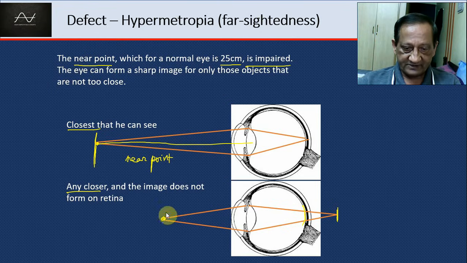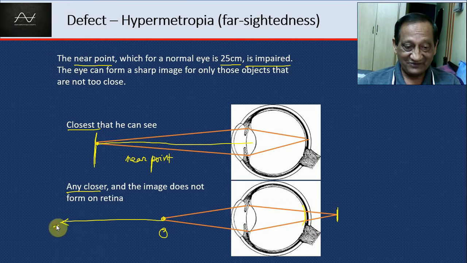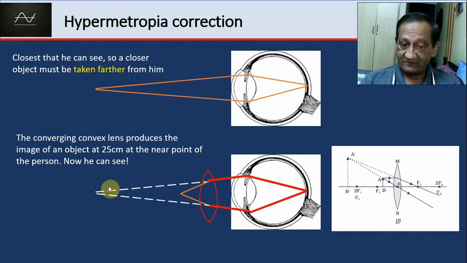If the object is here, we need to drive the object farther, not physically, but create an image farther somewhere beyond this, either here or in this region, because he doesn't have a problem with faraway objects. He can see stars, he can see very, very far away objects. So the solution here would be a converging lens.